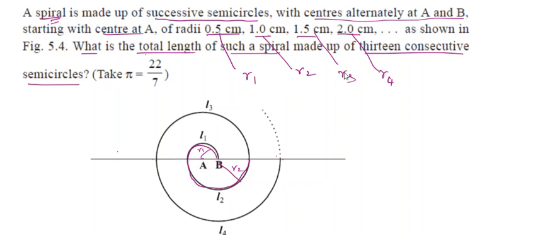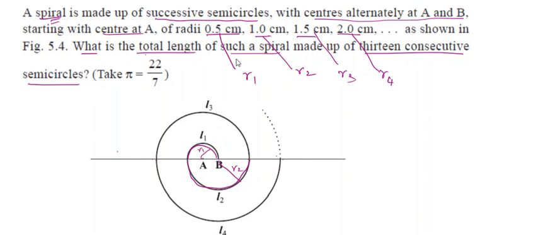Likewise, the radius is increasing. With the shift of the center, the semicircle is also getting expanded, and thereby you are able to get a spiral structure.